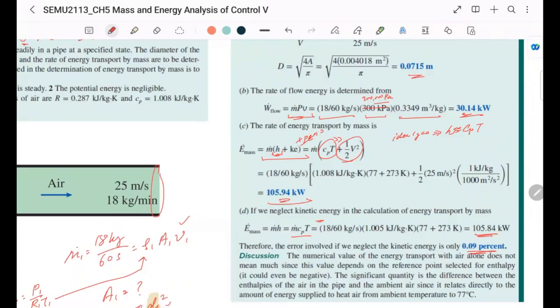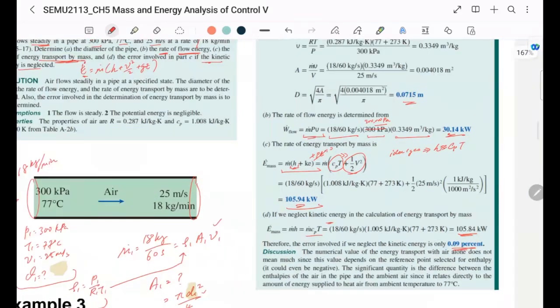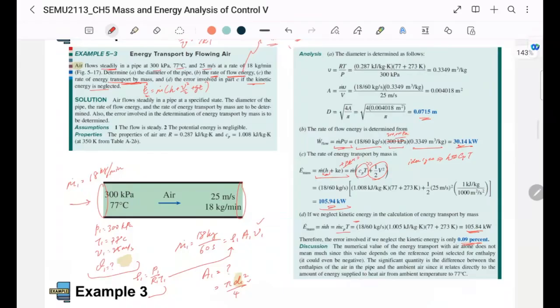So it depends on the situation. Sometimes the enthalpy is much larger, which makes the kinetic energy insignificant. Okay, but the best is to calculate them, even though the magnitude is small. If it's there, usually we just calculate it.